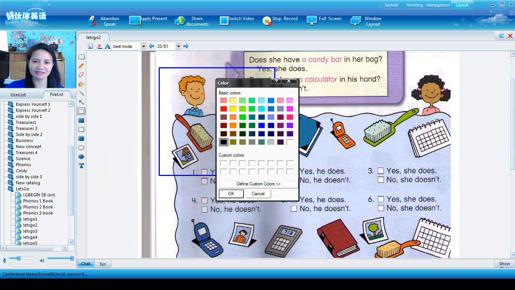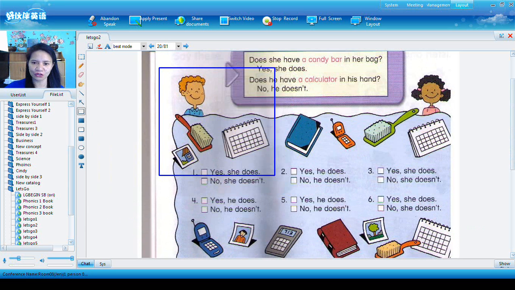And these things belong to the girl. Now let me ask you, does he have a calendar? You'll say, yes, he does.